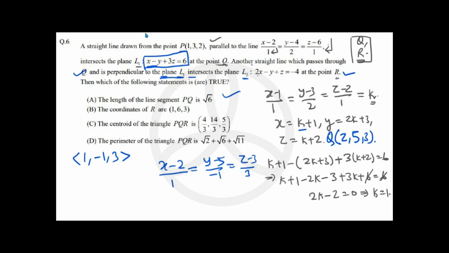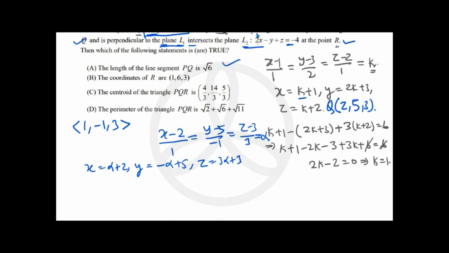Now it says that it intersects the plane at point R. We will do exactly the same thing by assuming a directional cosine. I will assume alpha here, and this will become x is equal to alpha plus 2, y is equal to minus alpha plus 5, and z is equal to 3 alpha plus 3. Then we substitute in the second plane, which is L2, and we get 2 alpha plus 4 minus (minus alpha plus 5) plus 3 alpha plus 3 is equal to minus 4.